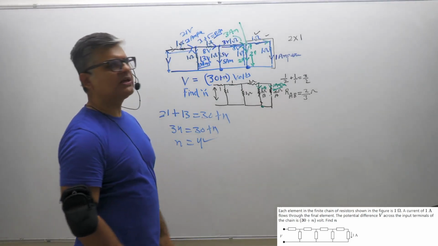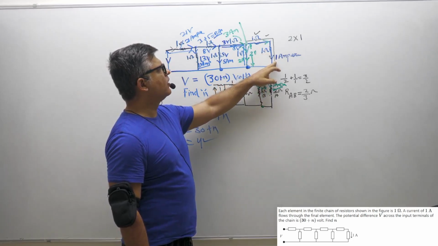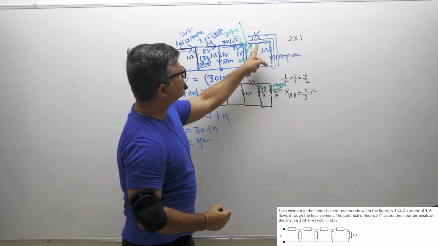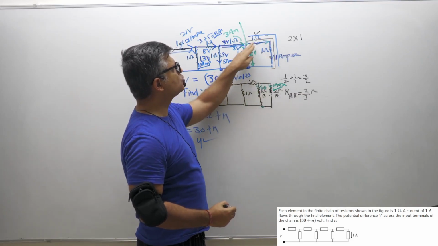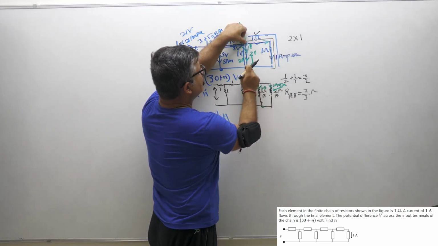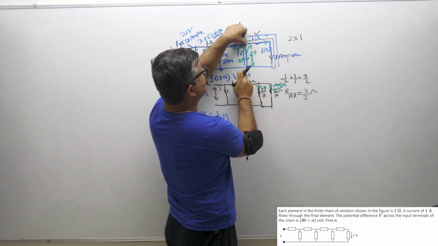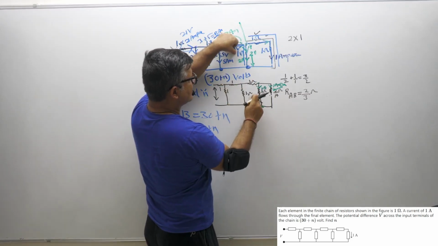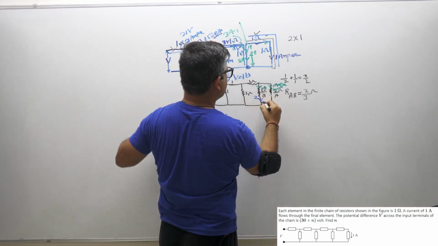I will just repeat what I have done. The last ladder is 1 plus 1. Look at this particular ladder. The total resistance is 1 and 1. The current is known, so the potential drop here is 2 volts. And now this particular resistor is in parallel with this, so if there is 2 volts here, you also have 2 volts here. You also know the value of the resistance here, so this also becomes 2 amperes.